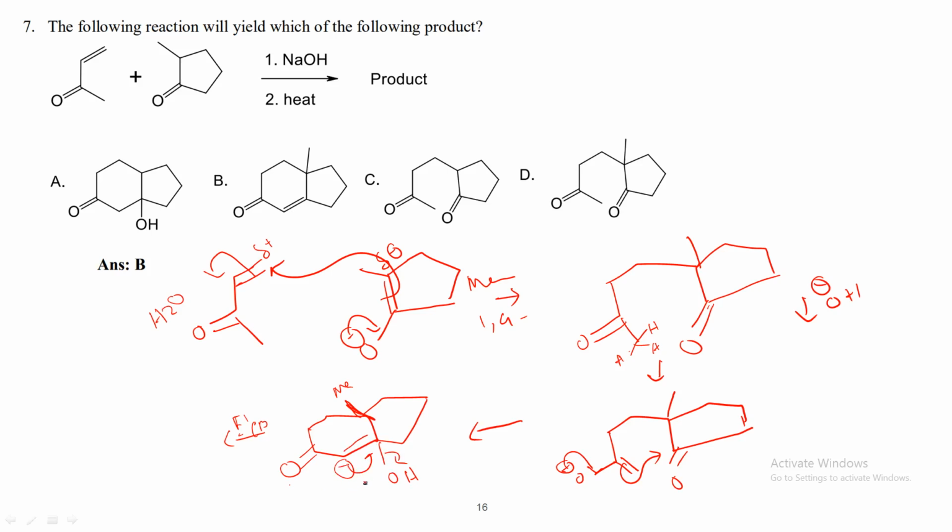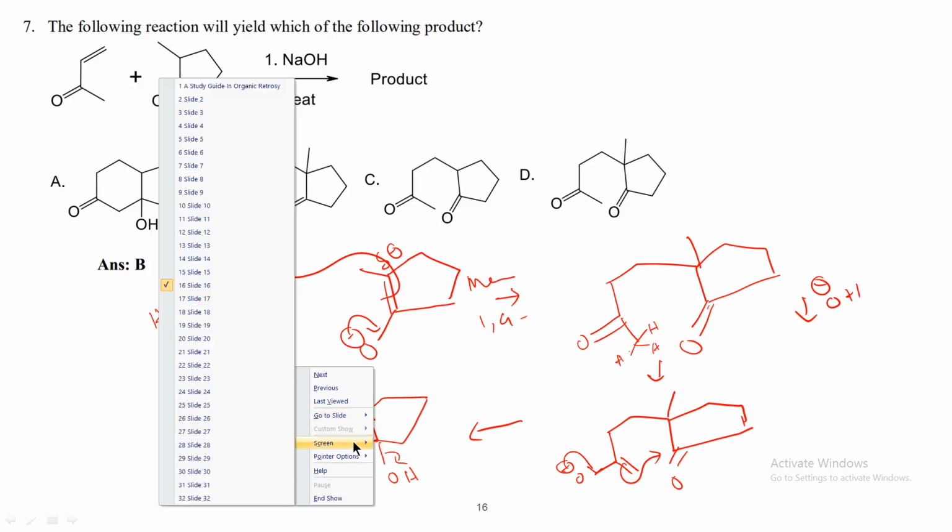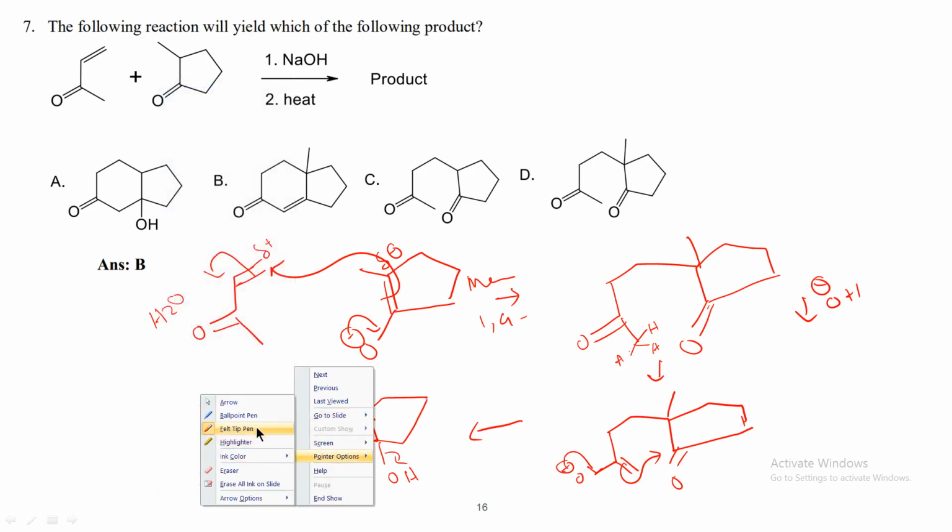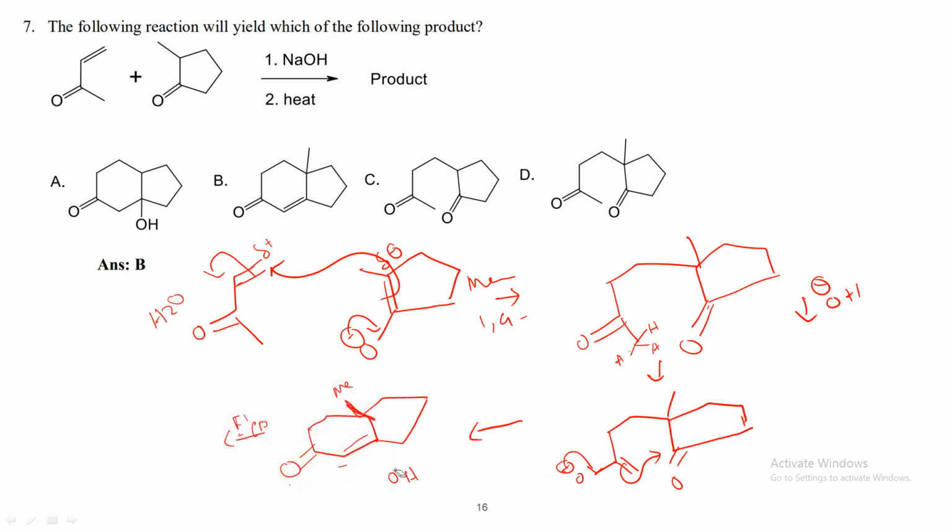So this would be the final product, normal aldol condensation type. Next step, so the product would be this.